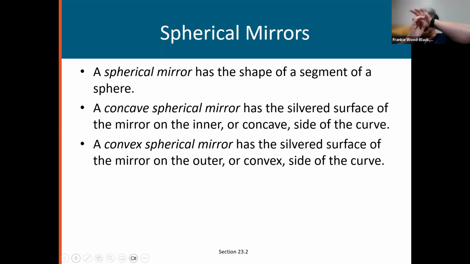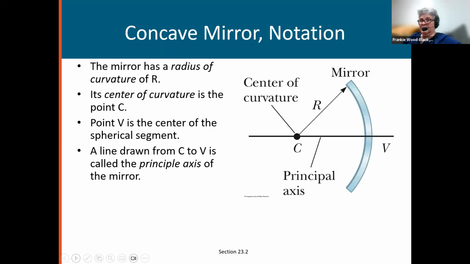This side is the convex side where it's going to be out there. So the concave mirror, think of it as like you're going to generate a cave. Convex is the other side of the curve. And we're going to play with that a little bit to be able to see how it goes.